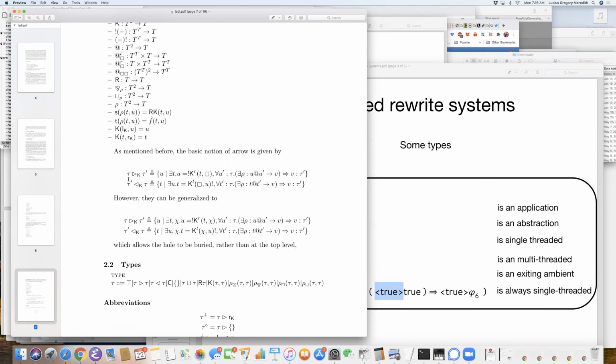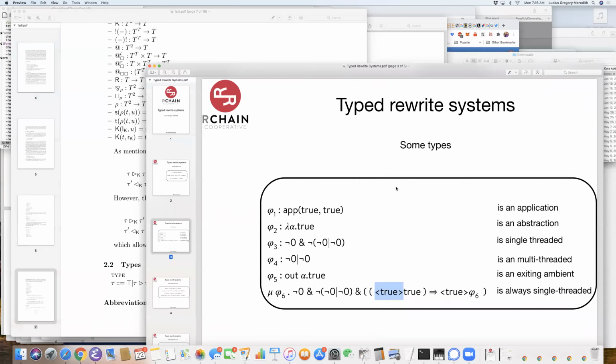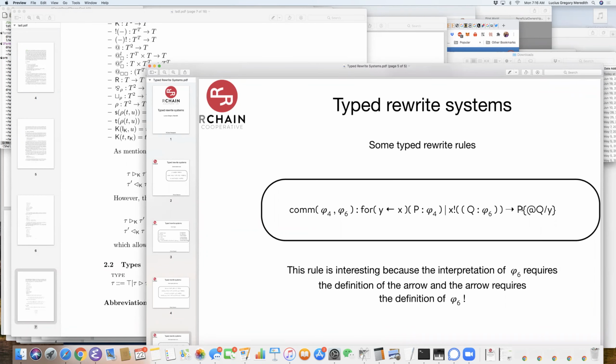So tau, arrow tau prime. Now see, here's the rewrite, and here's the rewrite.